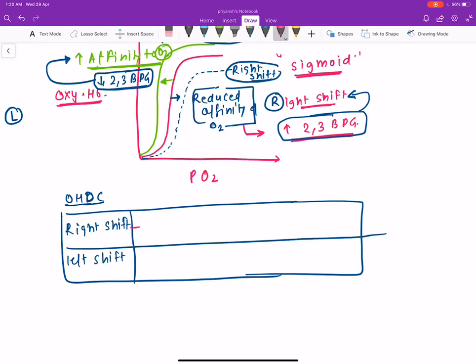The right shift occurs with increased 2,3-BPG, increased hydrogen ion, increased temperature, and increased altitude. These are the various factors that increase the delivery of oxygen, whereas the left shift occurs with a decreased amount of 2,3-BPG.